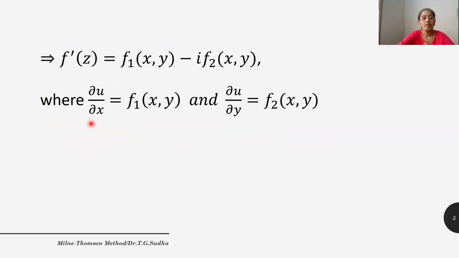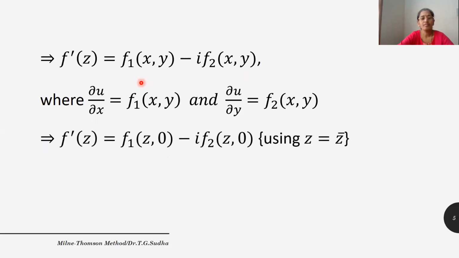Now let us put dou u by dou x as f1 of x comma y and dou u by dou y as f2 of x comma y. Therefore, f dash of z now becomes f1 of x comma y minus i into f2 of x comma y. Now from here, on integration, we can obtain the analytic function f of z.